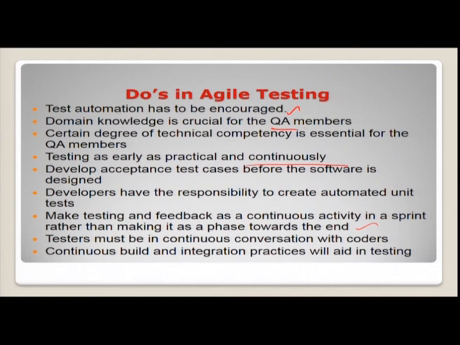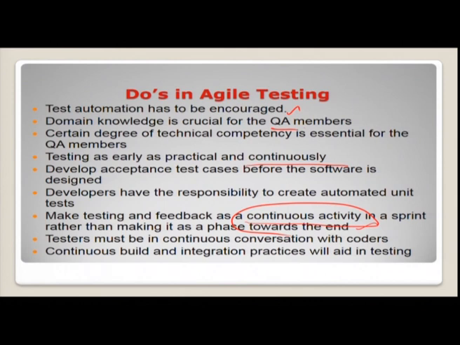So testing comes as the fourth phase, whereas in agile software development, testing is a continuous activity in a sprint. Why do we say sprint? This is compared with the Scrum framework. So, in a sprint, rather than making it a phase towards the end.